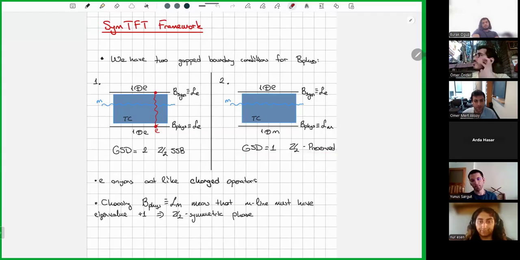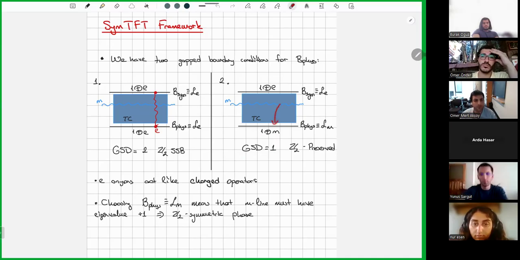And one nice observation to make is that since I condense M anyons here, I can actually take my M line, push it to the physical boundary, and then let it disappear because M anyons are condensed there. So that really feels like a symmetric non-degenerate ground state where a disorder operator takes a non-zero expectation value.